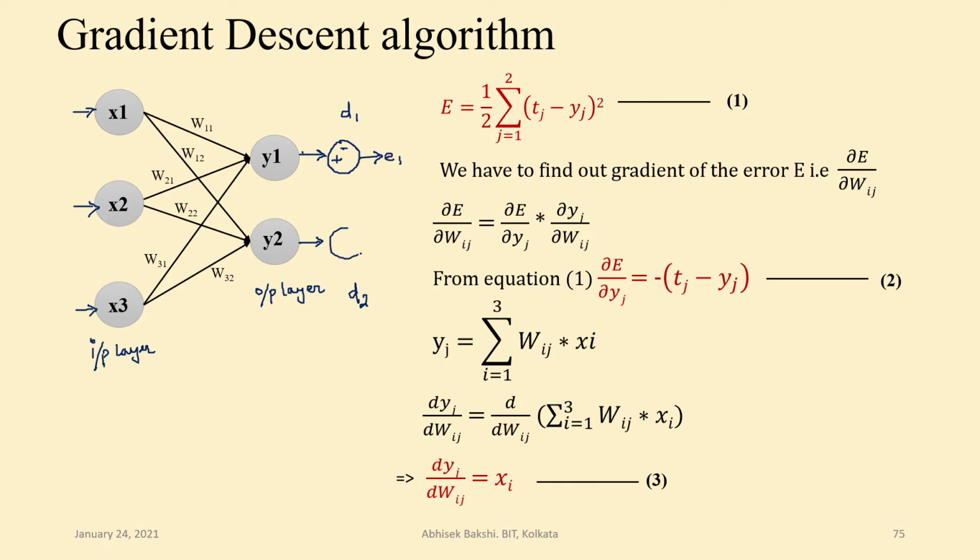Similarly we have the same over here also, where you have to find the difference, which is E2. So E1 and E2 represent how much you deviate from your desired value, and depending on that we have to change these synaptic weights.